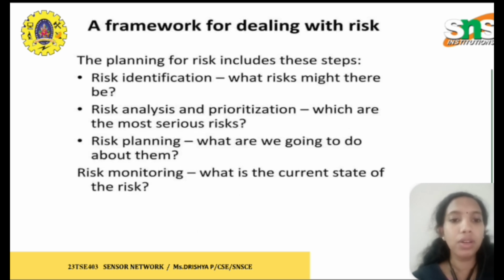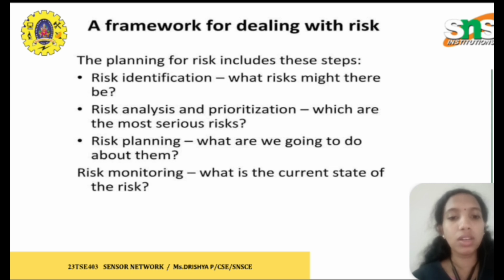Then a framework for dealing with risk. Planning for risk includes the steps: risk identification, risk analysis and prioritization, risk planning, and risk monitoring. First, risk identification: we have to understand what risks might be there in our project.